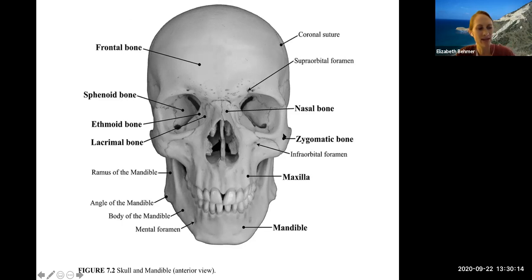Have any of you learned this before, or is this completely new? Maybe put in the chat 1 if this is completely new, and 10 is I'm already an expert on this. So again, on a scale of 1 to 10, 1 is completely new, 10 is I'm an expert. So some of you have had some of this.